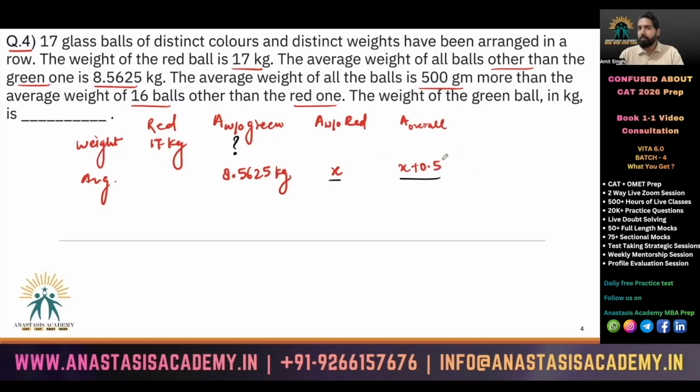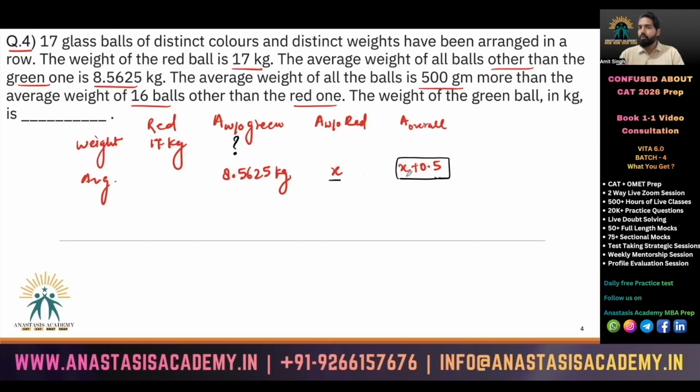For the 17 balls, I can replace the weight of each and every ball with this value, X plus 0.5 kg, and there would be one ball that would be red in them. So this red ball would have the average of X plus 0.5 also, correct?